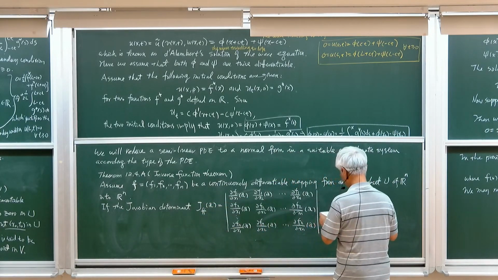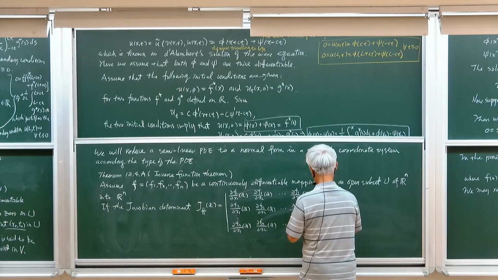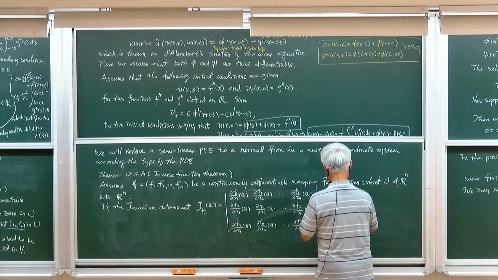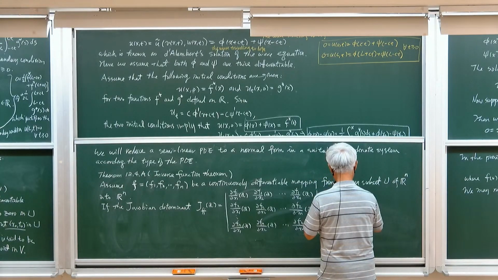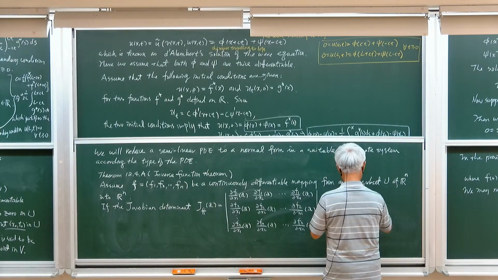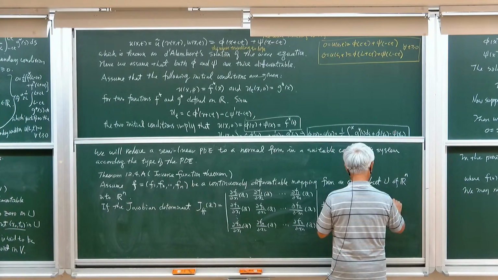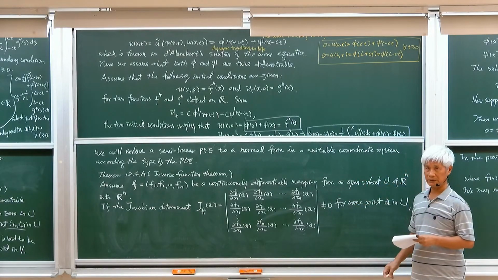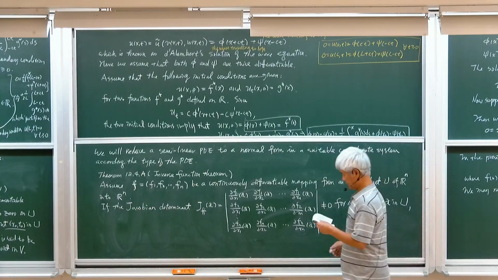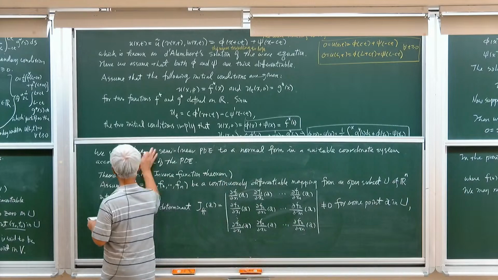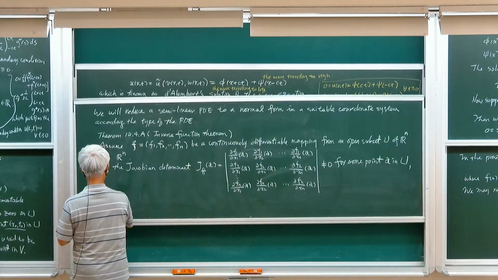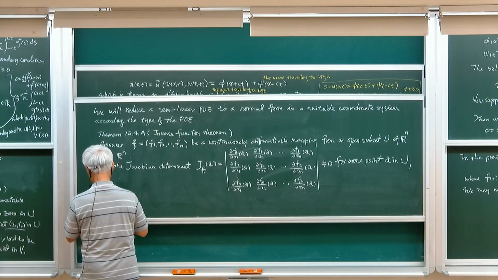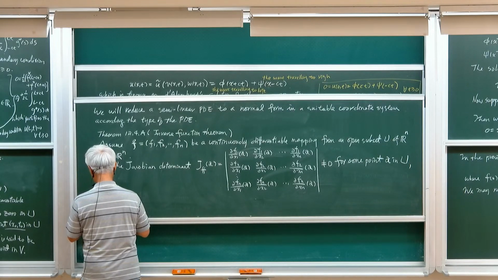Okay, so if this Jacobian determinant is not 0 for some point A in this open set U, so if we have this property, then we have an inverse function.